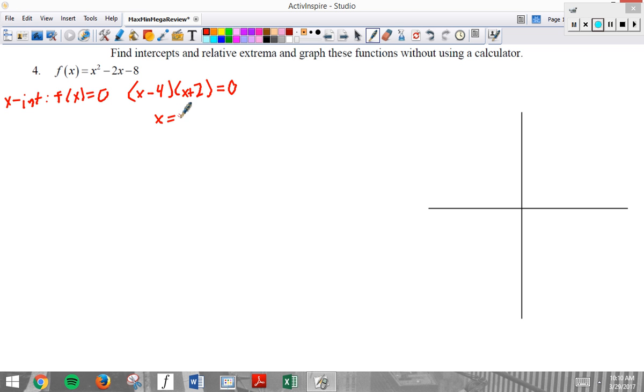X equals 4, comma, negative 2. Y-intercept: f of 0, which in this case is -8. I'm just going to put a point there, call it 0, comma, -8.